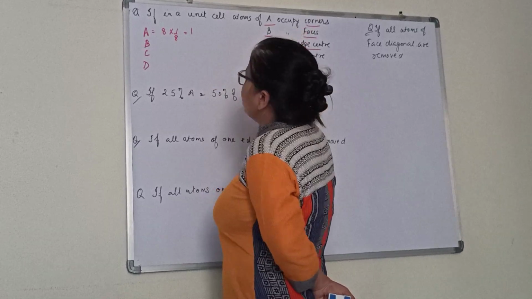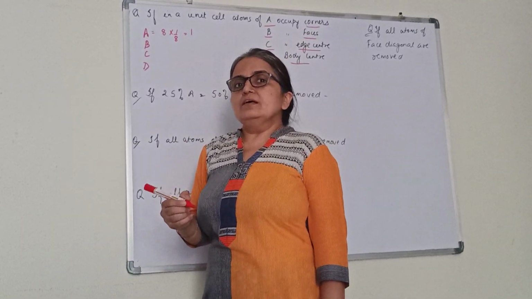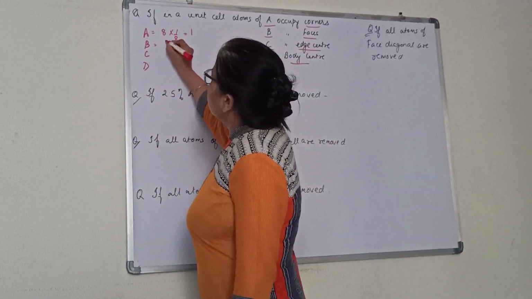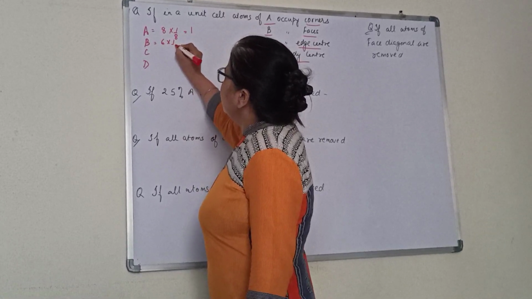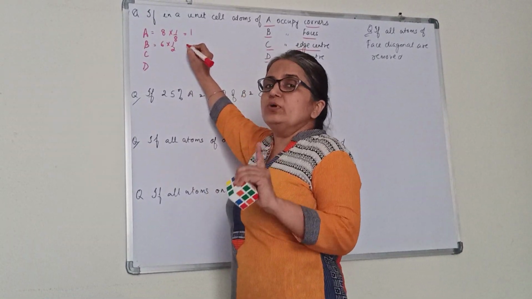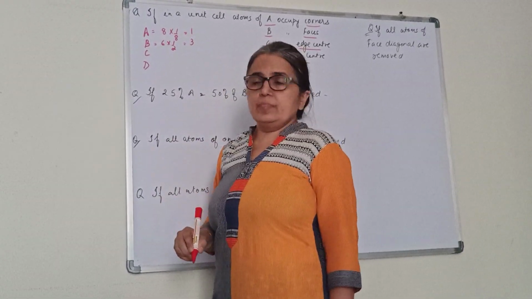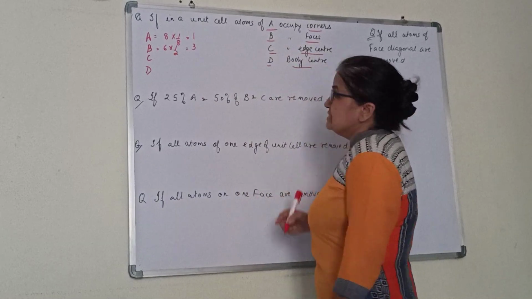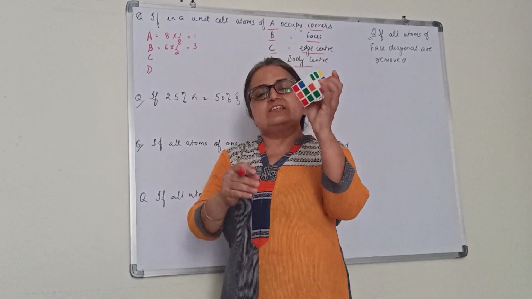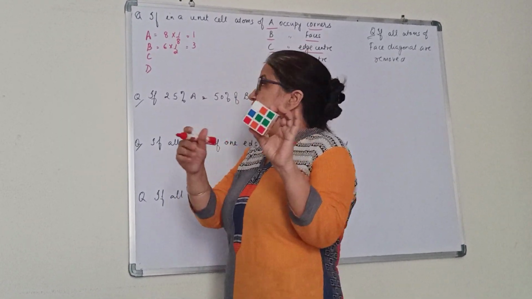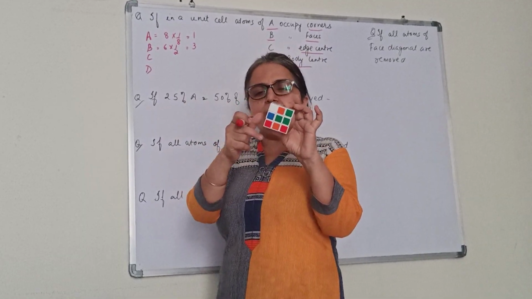B is occupying faces. How many faces are there? 6 faces. So you have 6 into 1 by 2 because each face is contributing half. So you are getting this as 3. C is occupying edge centers. How many edges in a unit cell? Just now I said 12 edges. These are the edges. I hope you remember that.